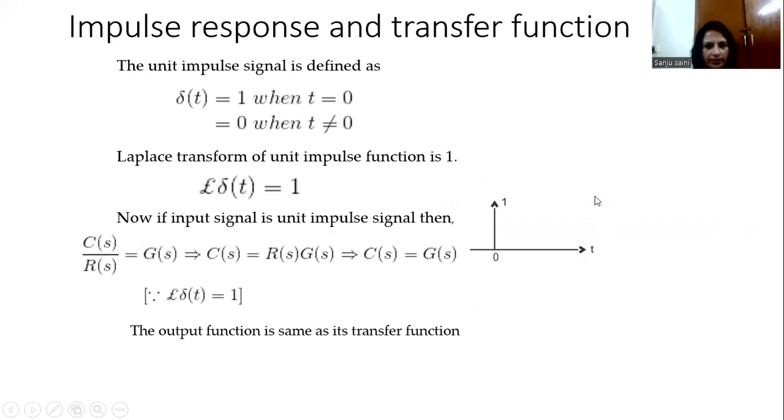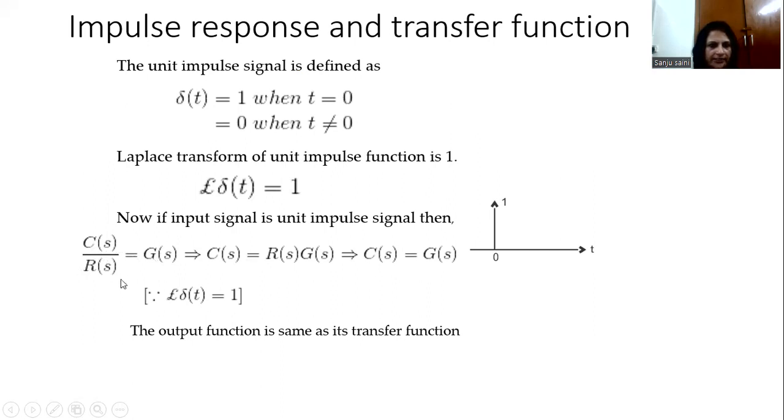It's clear that its value is 1 at t equal to 0 and 0 otherwise. If we take the Laplace transform of such a unit impulse function, it comes out to be equal to 1.